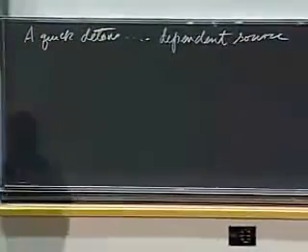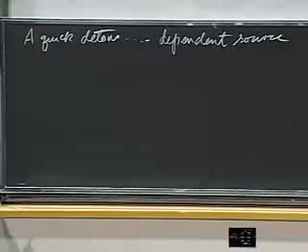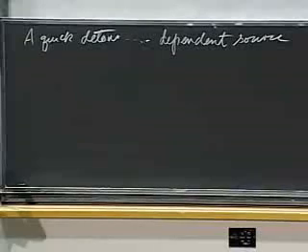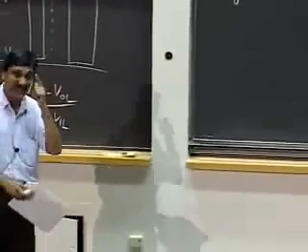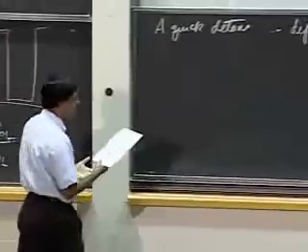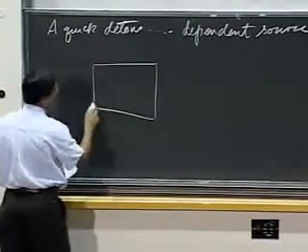Let me introduce a new device for your arsenal of devices. Along with resistors, you've learned about a MOSFET, a switch, voltage source, current source, and now a dependent source. So the dependent source looks like this.